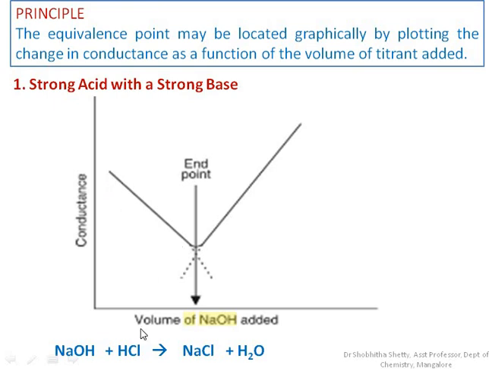At one point there will be no more H+ ion in the solution. When there is no more H+ ion, whatever sodium hydroxide we add from the burette gets accumulated in the beaker itself, because there is no H+ ion available. Already it has reacted and converted into NaCl form.